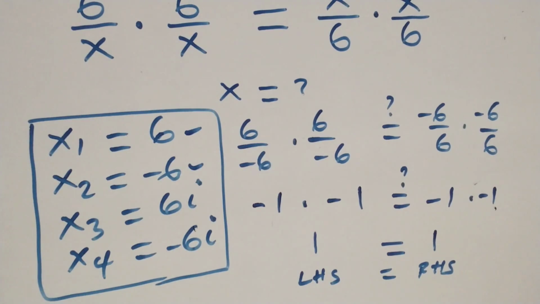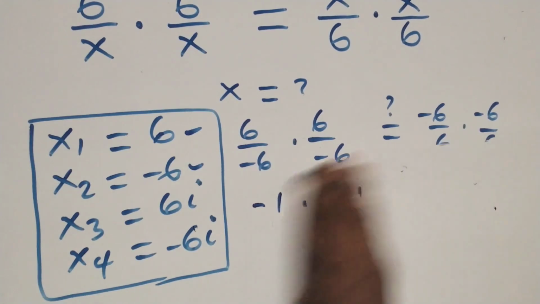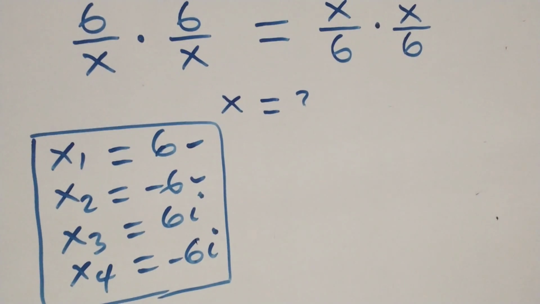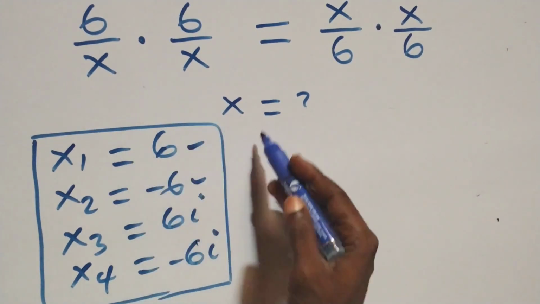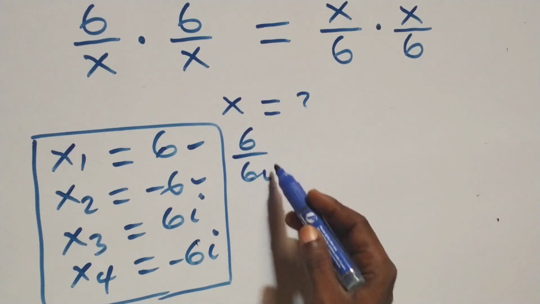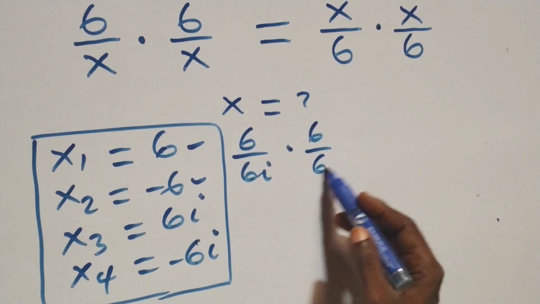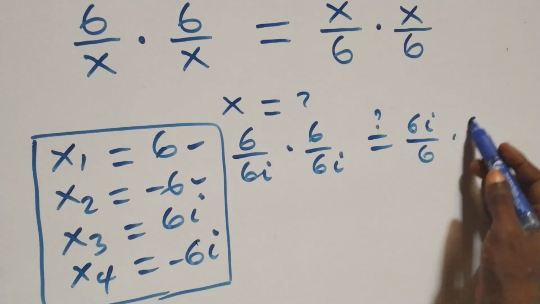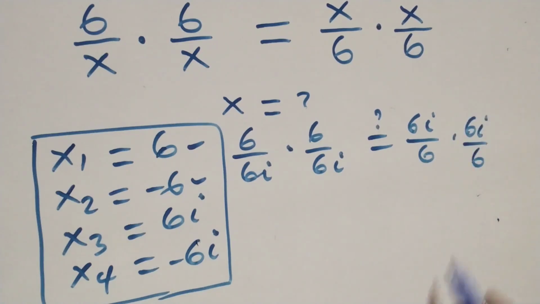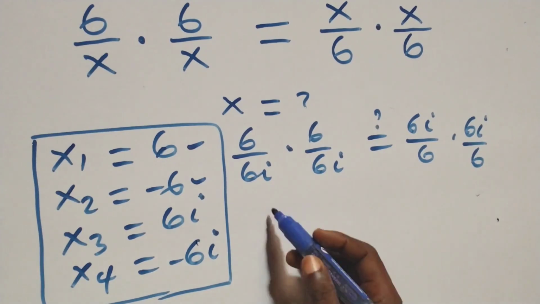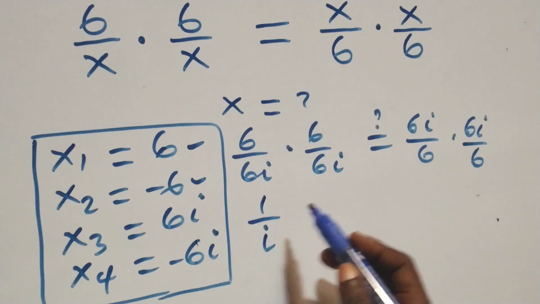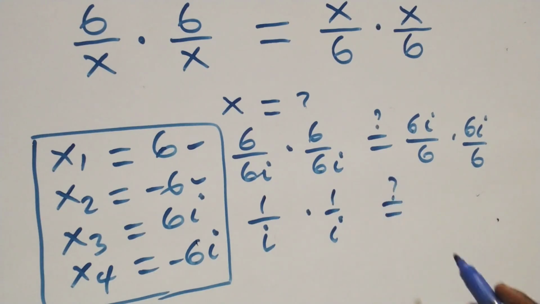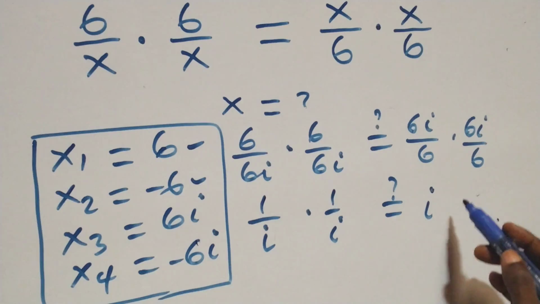Then, for x equals 6i, we substitute as well. And this equation becomes 6 over 6i times 6 over 6i, is it equal to 6i over 6 times 6i over 6? And 6 over 6i, we can write that as 1 over i, then times also 1 over i, is equal to 6i over 6, the same thing as i times also i.